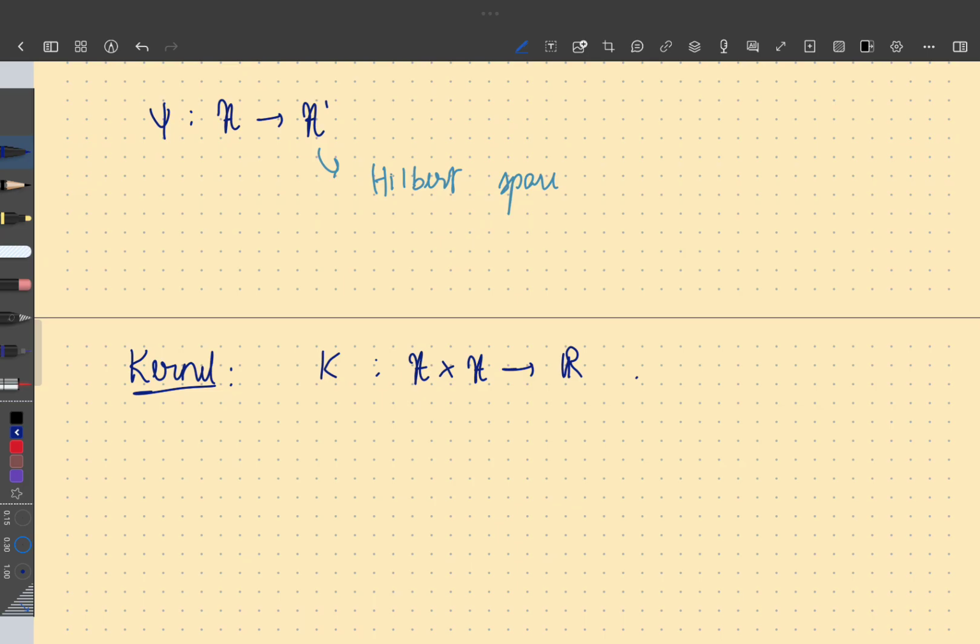In particular, we want the kernel to look like a valid inner product. I can't choose an arbitrary kernel and then hope that there exists such a mapping, or that it looks like an inner product in some high dimensional space.